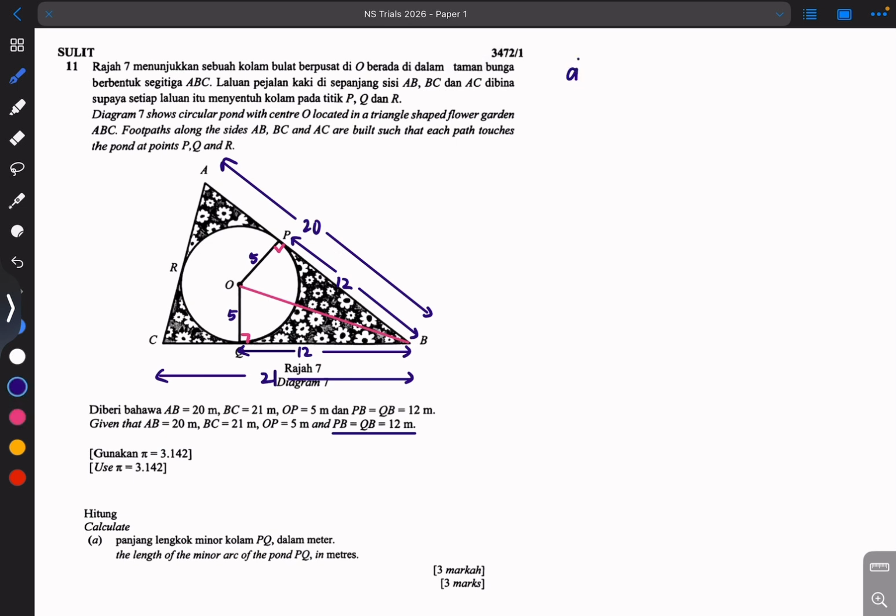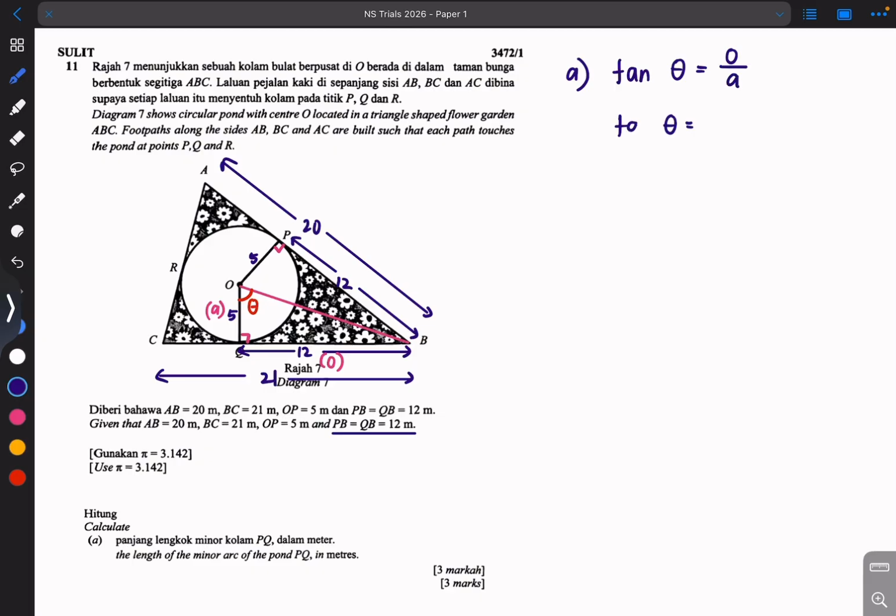So here we can use SOHCAHTOA to find the angle. If this is our theta, that will be the adjacent and this will be the opposite. So adjacent and opposite would be tangent theta, opposite over adjacent.